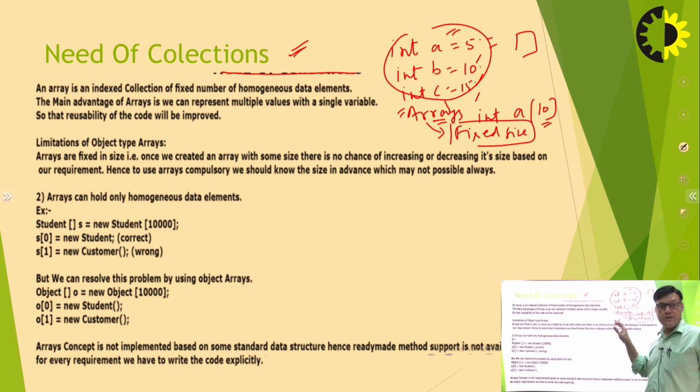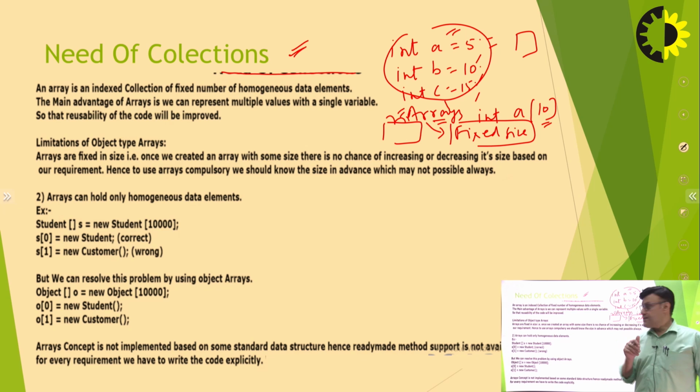It is used to represent homogeneous elements. And we know that contiguous memory allocation is there, and insertion and deletion is a little bit tedious as compared to others. That you all have studied in linked list.